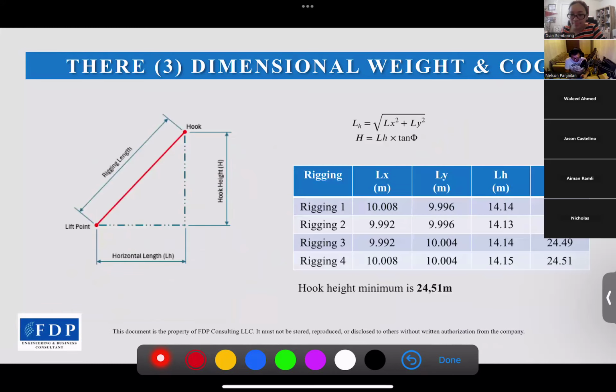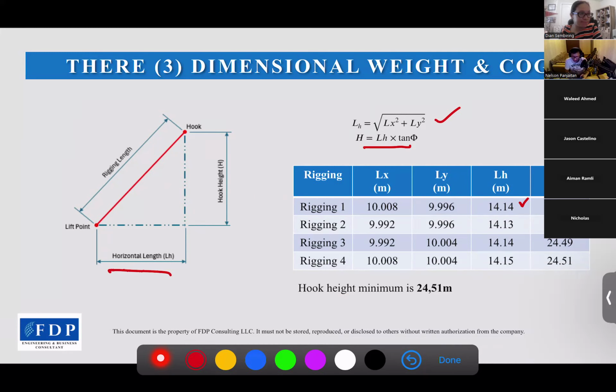After we found the horizontal length, we continue to find the height of the rigging. If the allowable angle is 60 degrees, we can use this formula to find the height. For rigging 1, for example, LH is the horizontal length. LH is 14.14.